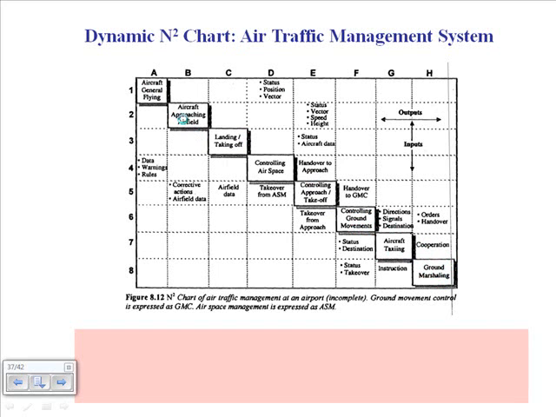So, for example, when an aircraft is flying in general, there's going to be this system which is going to monitor that aircraft. This particular system sends information to, again, I'm just reading the n squared chart, controlling airspace. So this is the outflow.